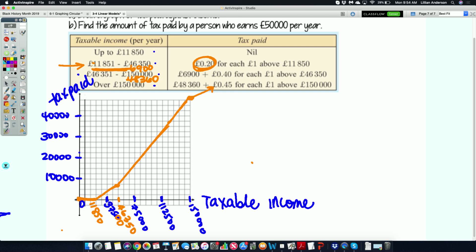Our x-axis, and then draw a vertical line to see where it hits your graph, the one that you drew on your paper. And then we're going to draw a horizontal line over to see about how much they paid in taxes that particular year. Okay? So find where 50,000 is on your graph, and then where it hits on your y-axis.